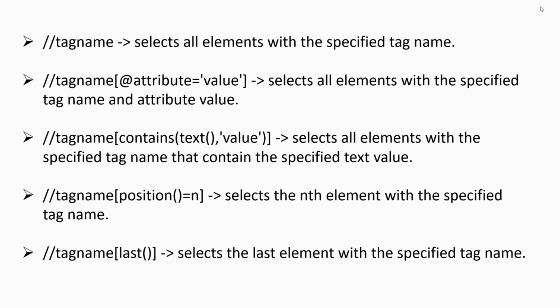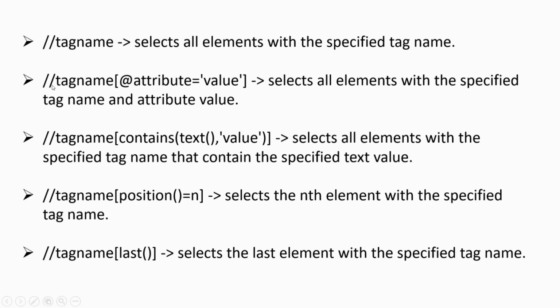So it starts with double slash, and then tag name. Tag name could be anything, your element name like h1 or p, paragraph tag or div tag or article tag, anything. So it selects all elements based on the specified tag name. Alright, so we will see the demo of each one of them. I just want to show you all the syntax and the special characters, so that we can go with the demo smoothly.